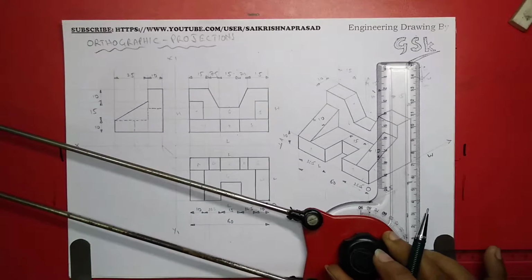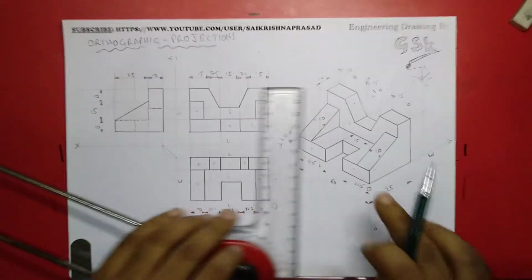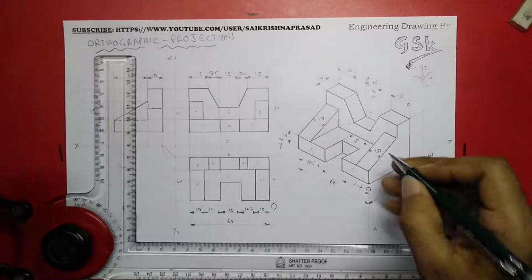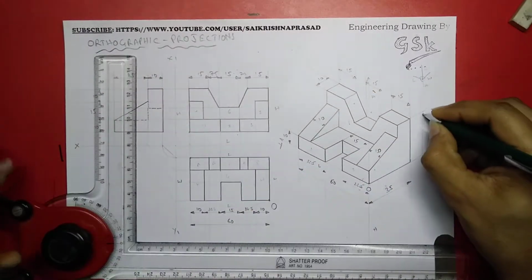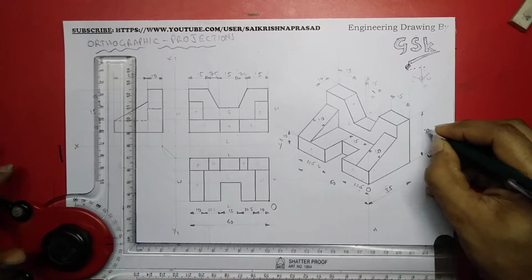See here, I'm mentioning the dimensions outside the figure. Only if it is not possible to keep the dimensions outside, I mention them inside. So maximum try to keep the dimensions outside the figure.